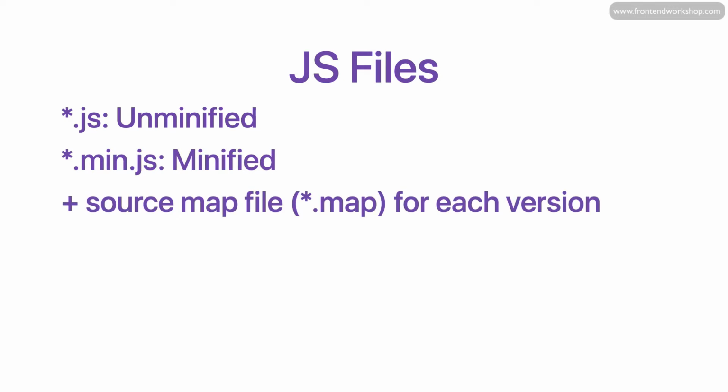Then we have the JavaScript files. We have an unminified version and a minified version with extension min.js. We also have source map files for these. We have a Bootstrap only JS version that looks like this.